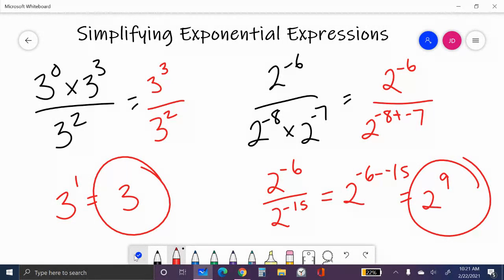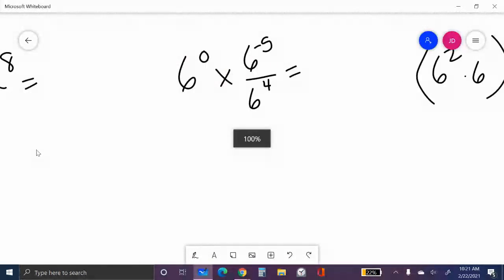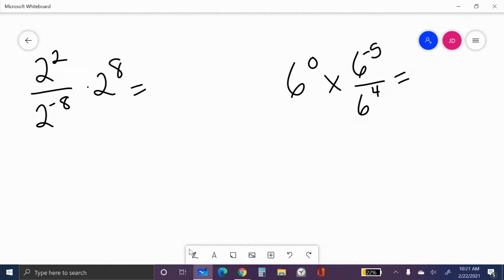Okay, let's take a look at a few more examples. All right, over here, simplify the fraction first before you multiply this by 2 to the 8th.